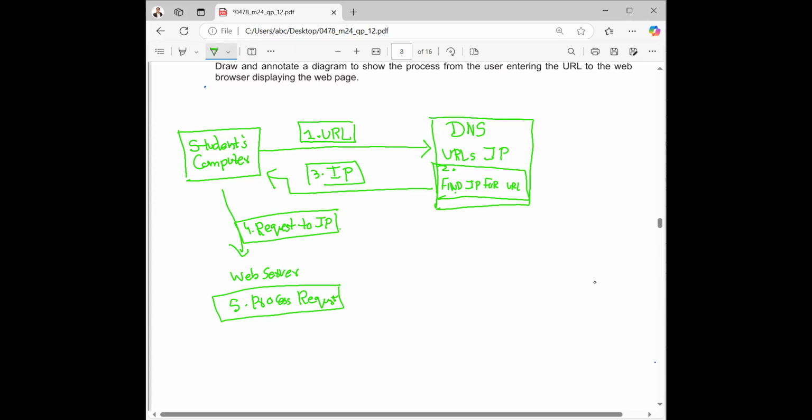And when it is processed, it will give back the website to the student's computer, which is going to be your sixth stage. And in your sixth stage, you are going to have the HTML web page.